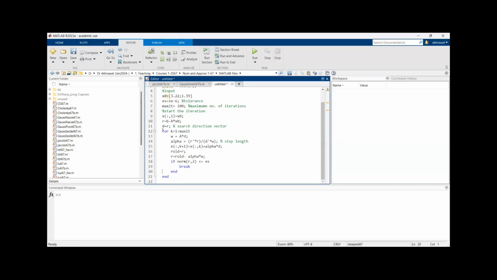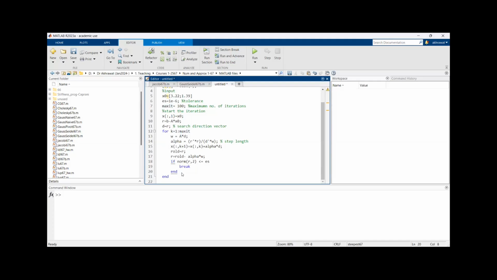We're gonna run the for loop until the maximum iteration, but whenever the stopping criterion is achieved before the maximum iteration, we can get out of the for loop.